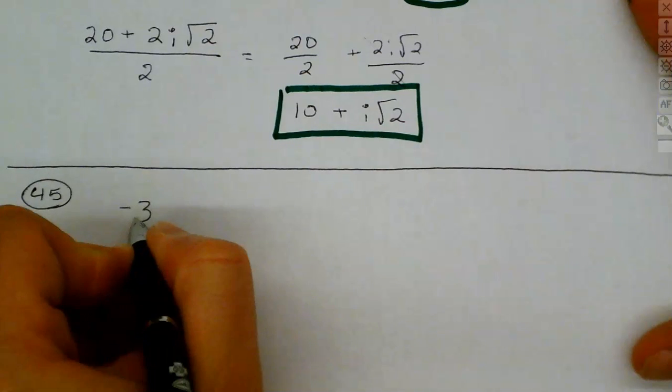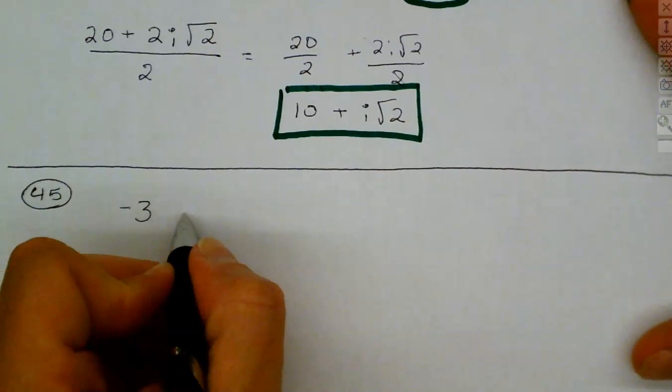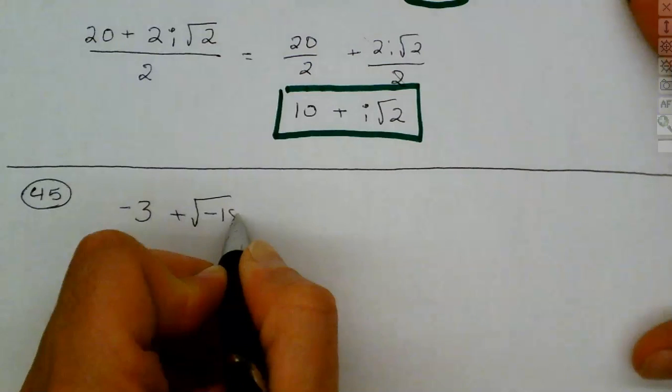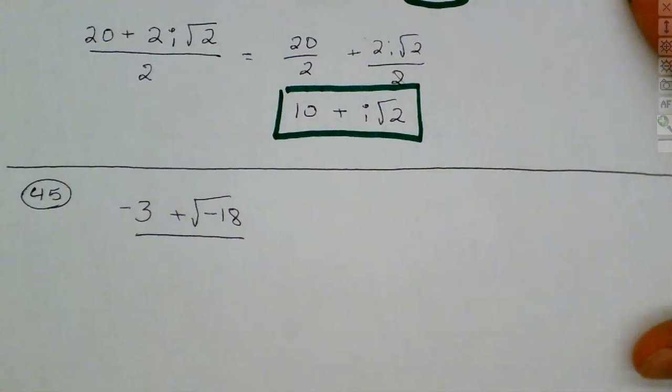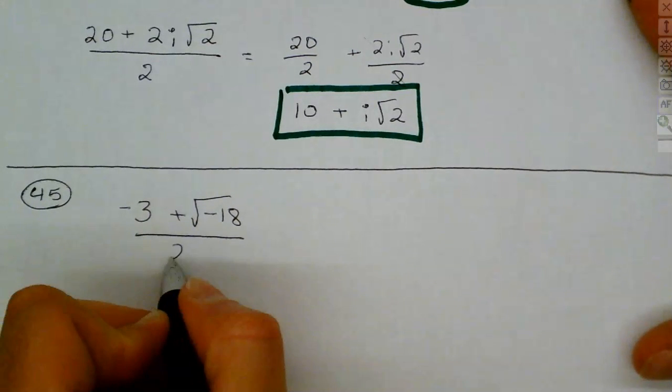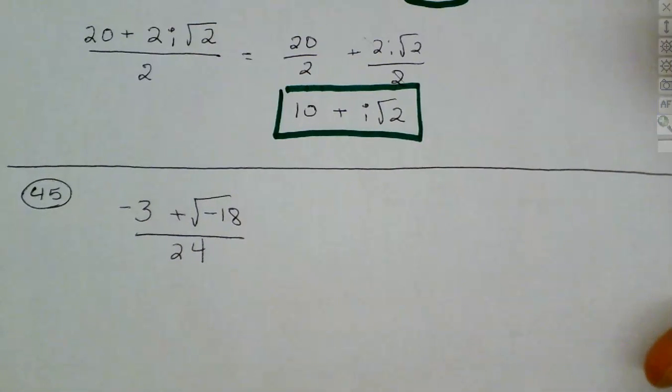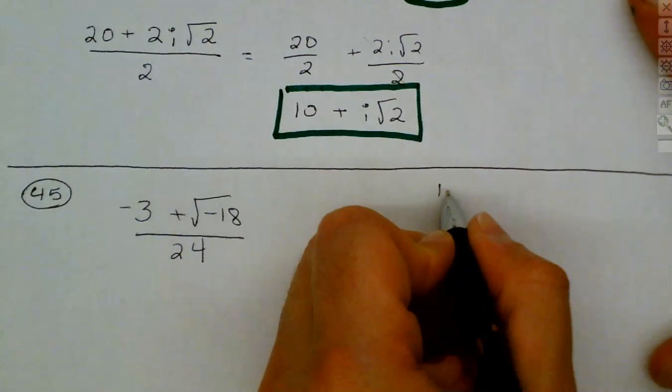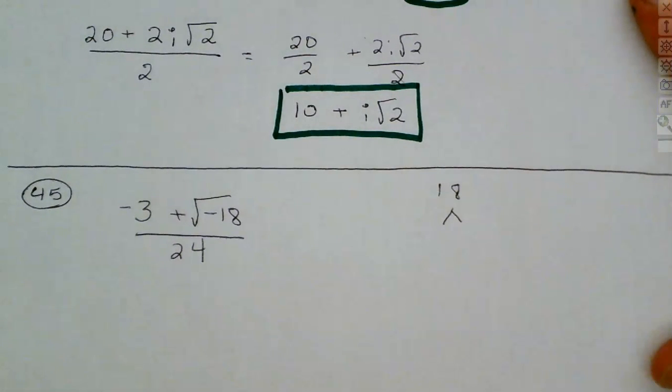So minus 3 plus the square root of a negative 18, and in this case, it's over 24. So the first thing we have to do is work with our root. And 18 is going to break down into 2 and what? 2 and 9.